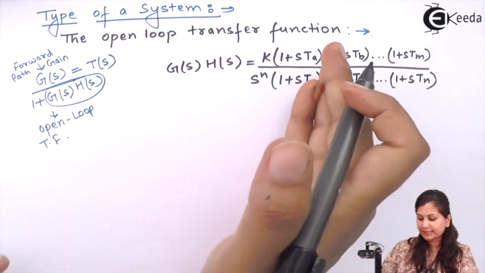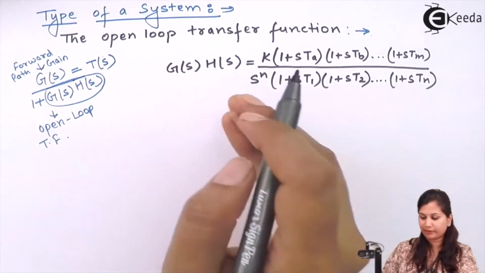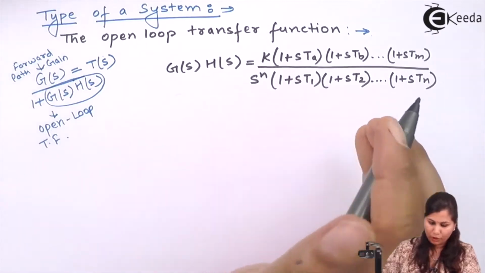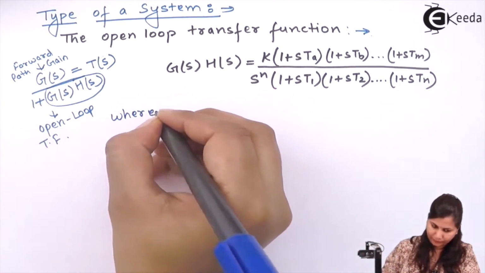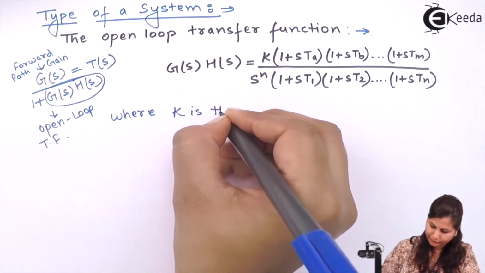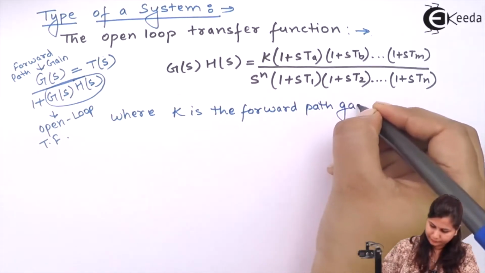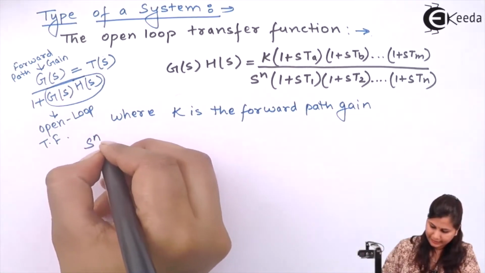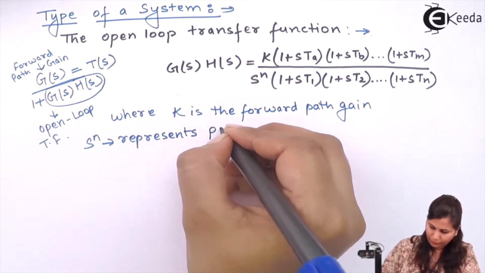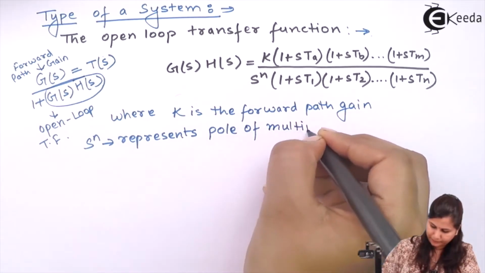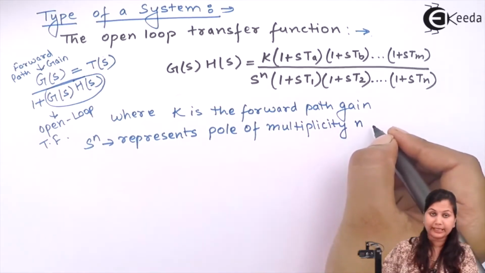We have factorized the numerator and the denominator polynomial, so it can be represented in this way, that is the factorized form. Here K is the forward path gain and s^n represents a pole of multiplicity n.